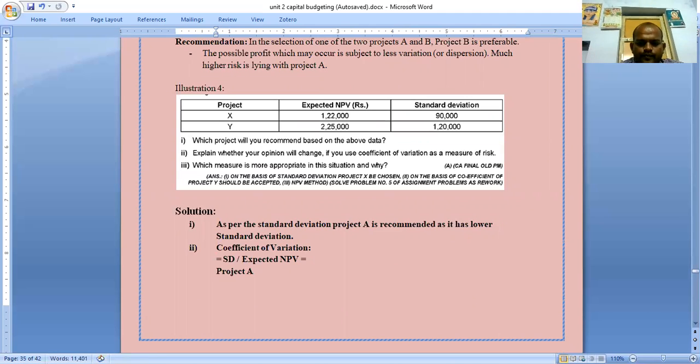Project A is equal to 90,000 divided by 1,22,000.